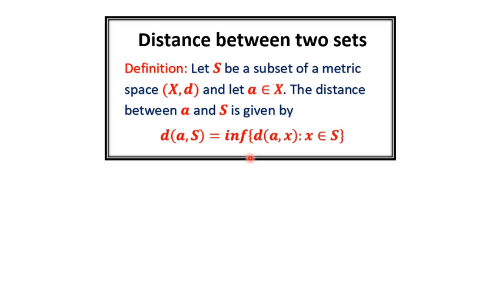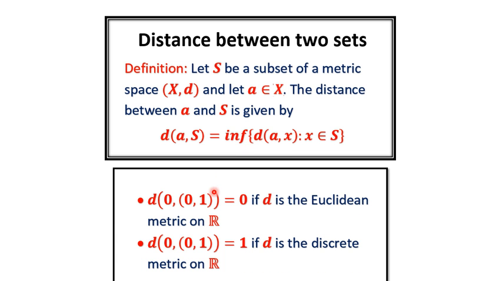And there's a very good reason why we use infimum instead of minimum. Okay, so let's look at a typical example. So we have a metric space. The set is R, and the metric on this set is the Euclidean metric. Now, if you have a point 0 and an interval (0, 1), the distance from 0 to the set is 0.